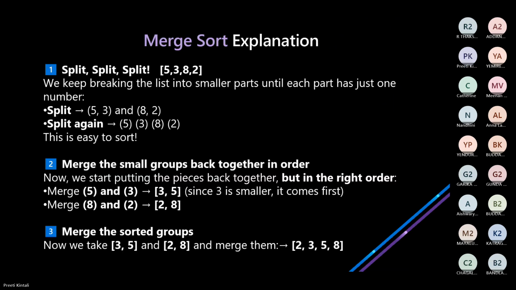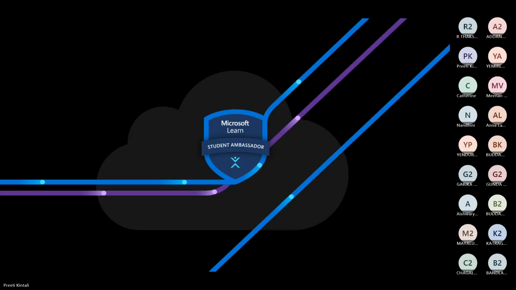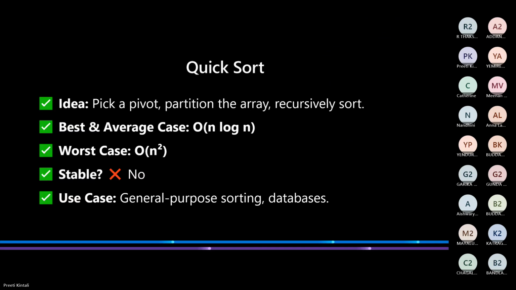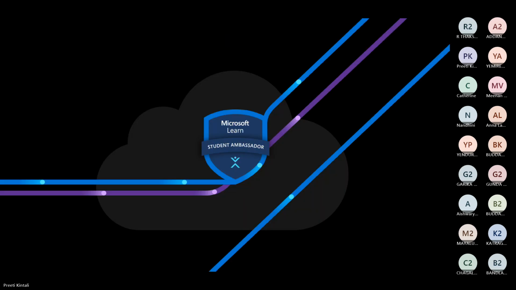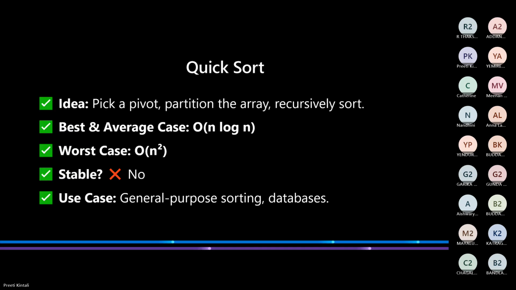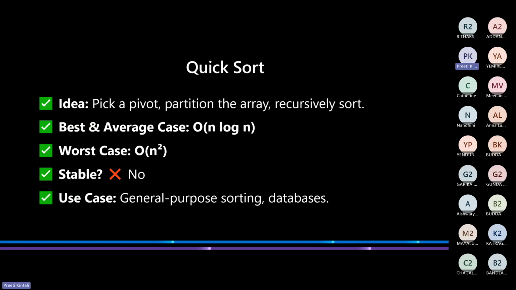So in quick sort algorithm, we pick a pivot. We partition the array and then we will recursively sort the array.